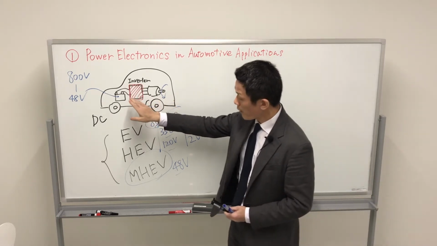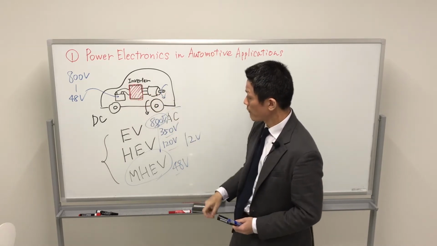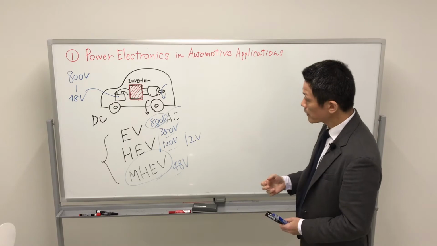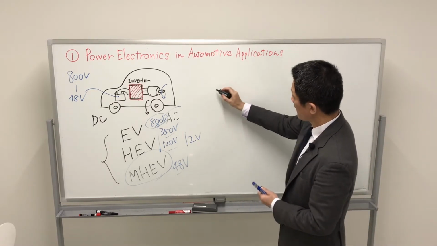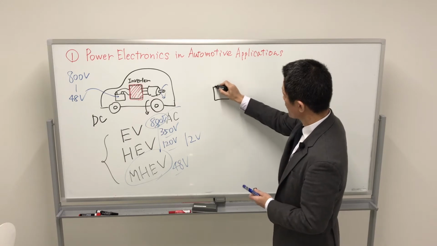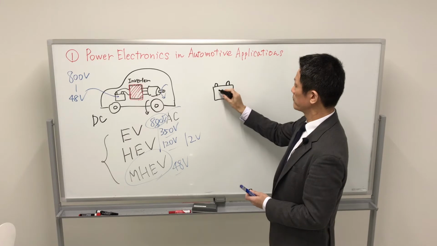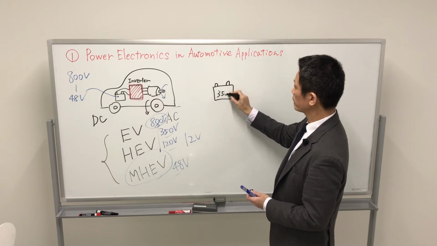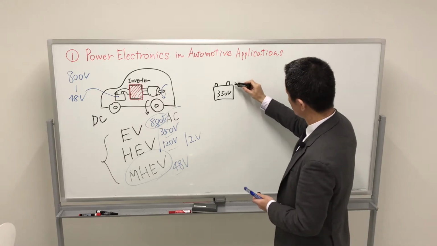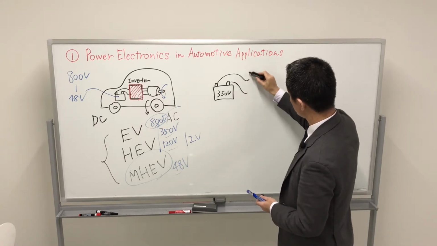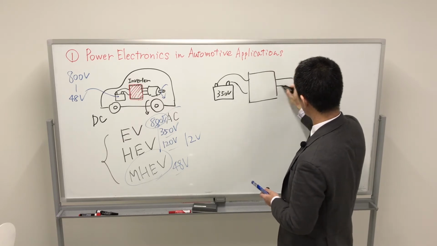This is roughly divided into battery and inverter motor, very simple. But the more real one is based on a lithium battery, for example, in case of a Tesla, inverter and motor.